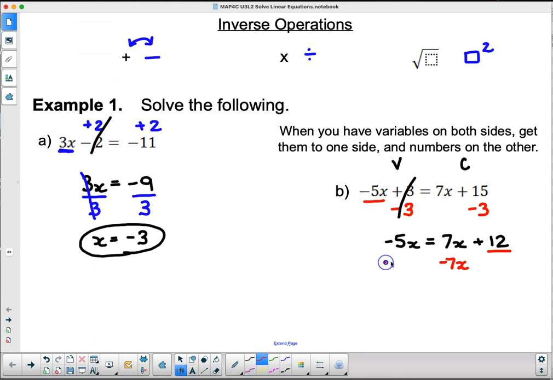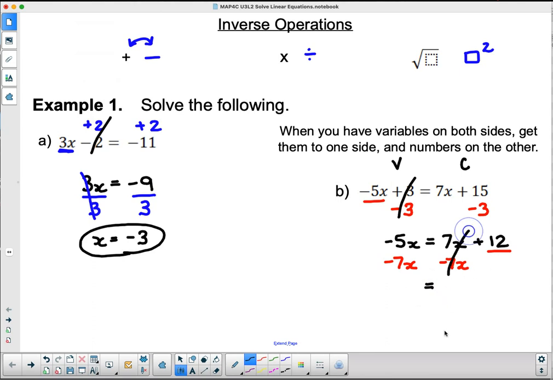And I'm going to put negative 7x on this side because whatever you do to one side, you have to do the same thing to the other side. And notice I'm using the terms negative and subtraction or minus kind of interchangeably. In algebra, they basically are interchangeable.